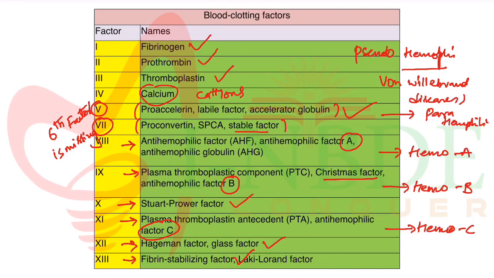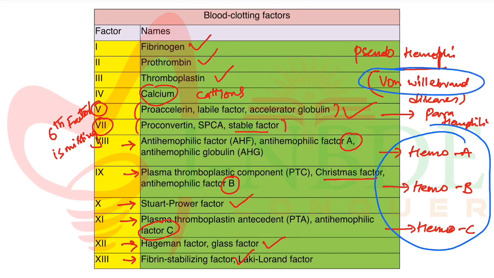We'll learn some basics related to these diseases. The utmost important thing is you have to learn about hemophilias and von Willebrand disease, what is the difference and what are the things that you have to take into consideration. 8 is A, 9 is B, 11 is C, para is 5, and pseudohemophilia is von Willebrand disease.